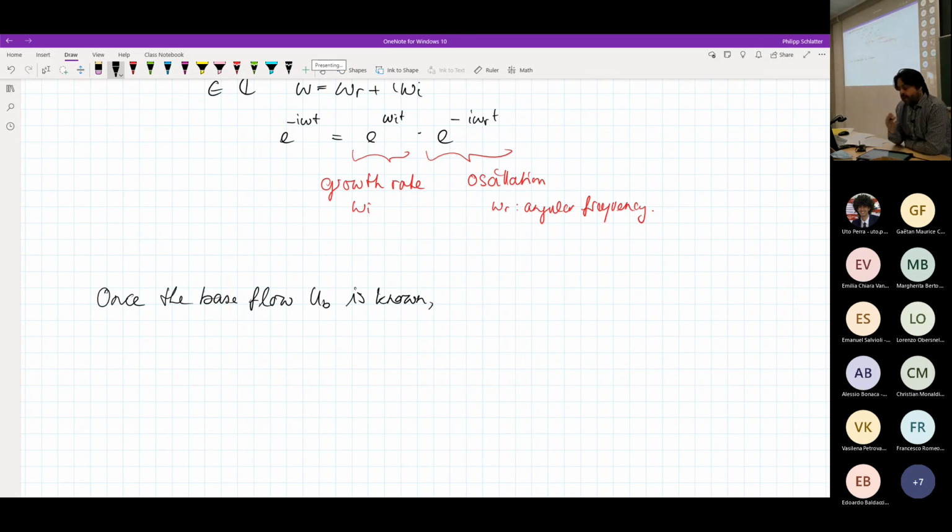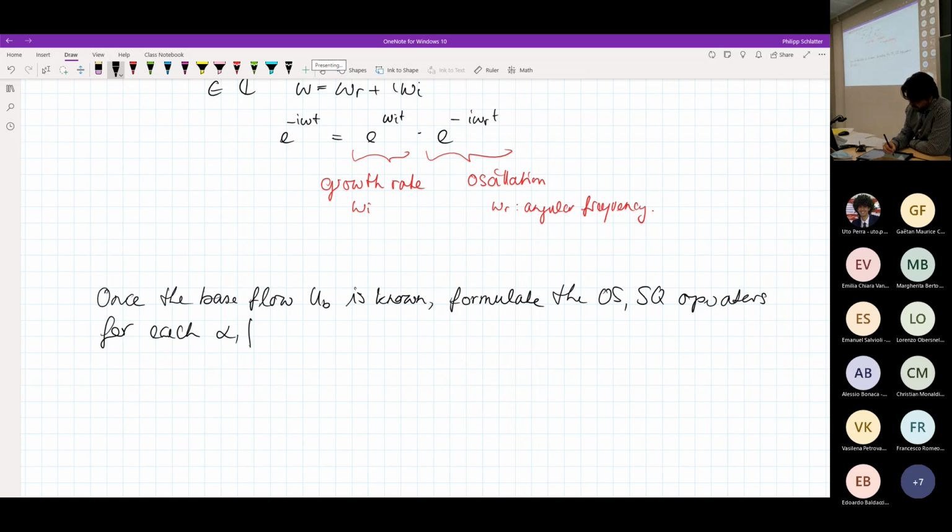But once we know the laminar base flow, we can then formulate the Orr-Sommerfeld and the Squire operators. And we do that for each alpha, beta, and Reynolds number.